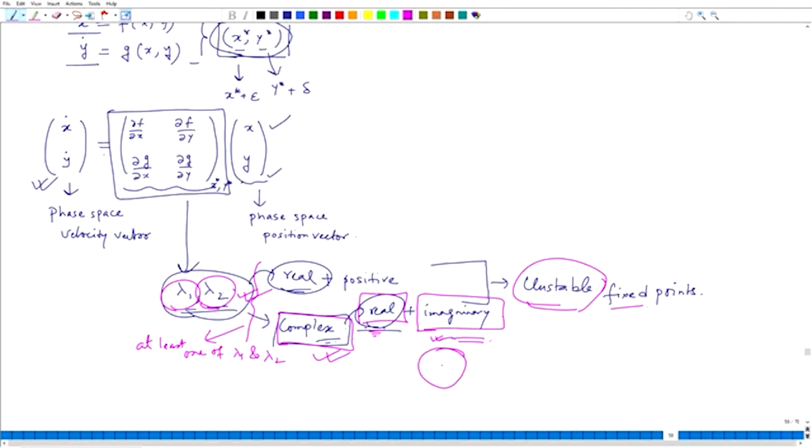For example, I can always write lambda 1, lambda 2 like some a e to the power plus or minus i theta, which is a cos theta plus i a sin theta. Here, for our case, the real part should be 0.